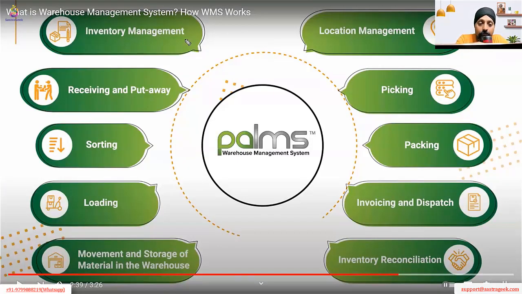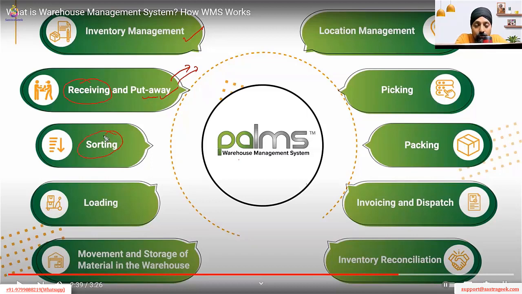So these are the things which need to be done. Inventory management, receiving and put away. Receiving is to receive the material. And if you want to dispatch the materials, if you want to get the material out from the warehouse, that is called put away.